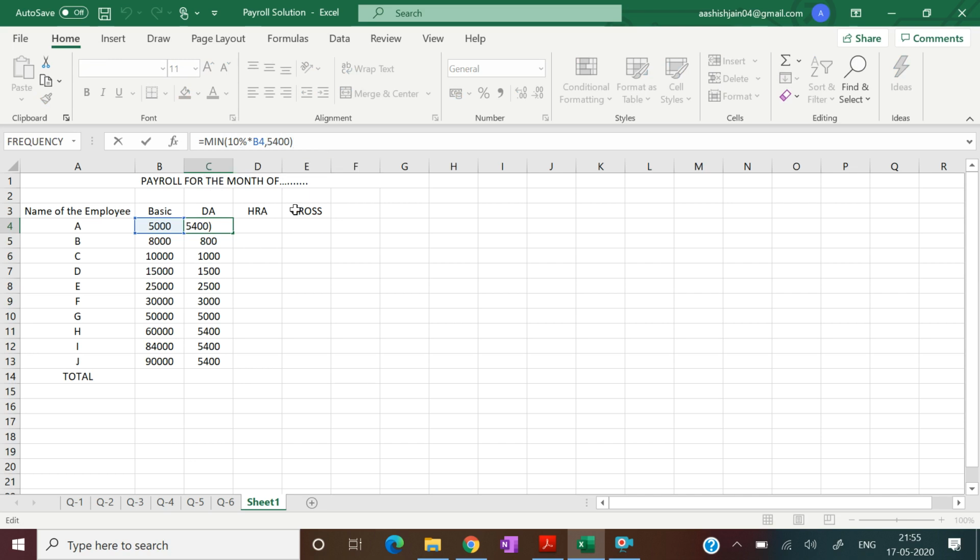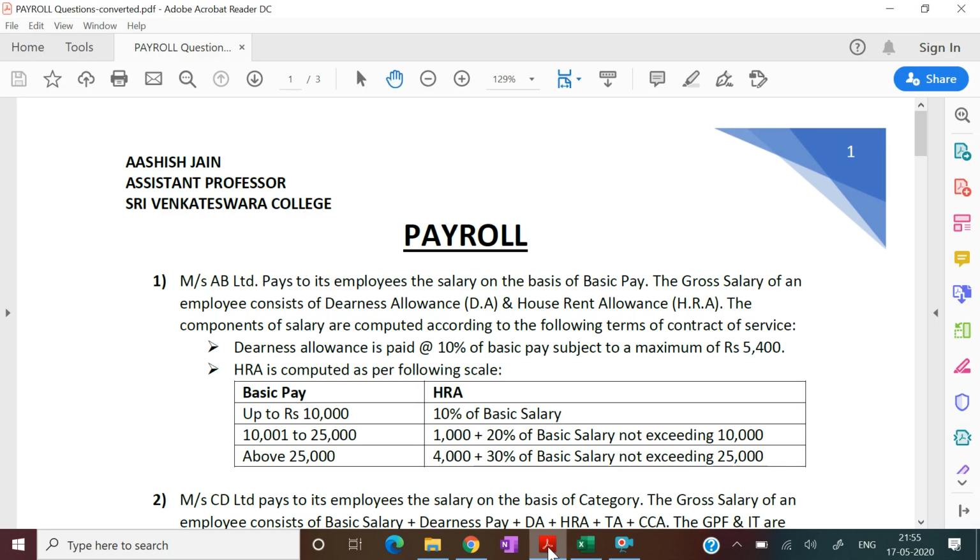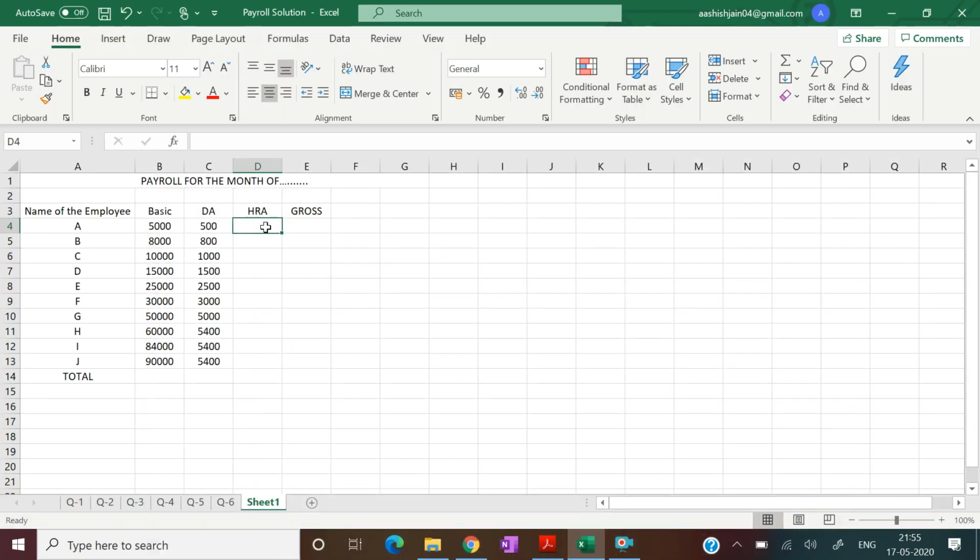Now come to HRA. HRA says if the amount is up to rupees 10,000, then HRA would be 10% of basic salary. So here we need to use another function which is called the IF function.